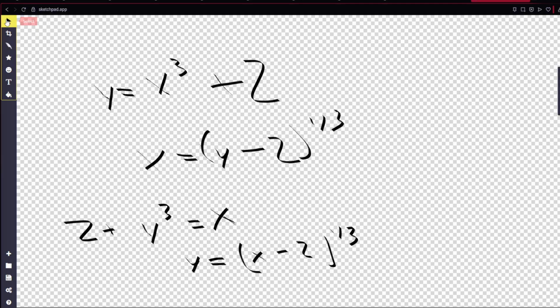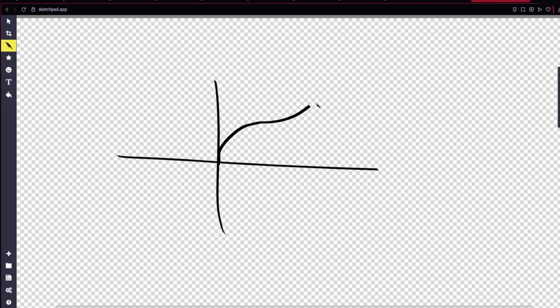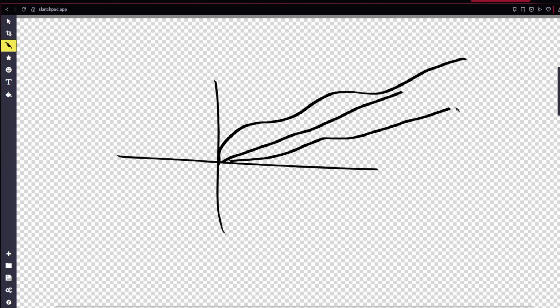The inverse function mirrors the original function over y equals x. So let's assume that the original function is this. We'll assume that it's a one-to-one function, and we'll say that's y equals x. Then this one's going to be like that. The logic being that every output here becomes the input here, and then the inputs become here.